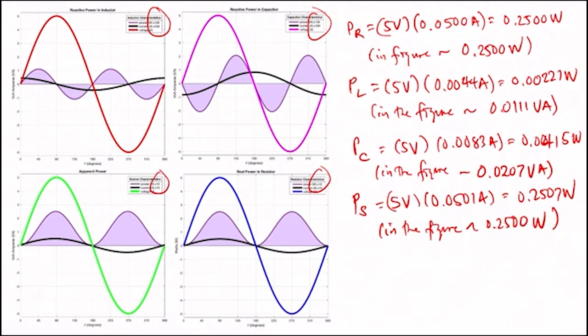Okay, and we have these values, and we can already explain the discrepancies between these values. These values that were initially computed were just based on the maximum amplitude of the voltage and the currents, but these values that were computed next and seen in the figure were values obtained when multiplying the two waveforms by each other.